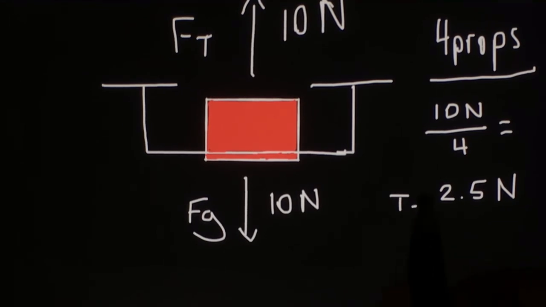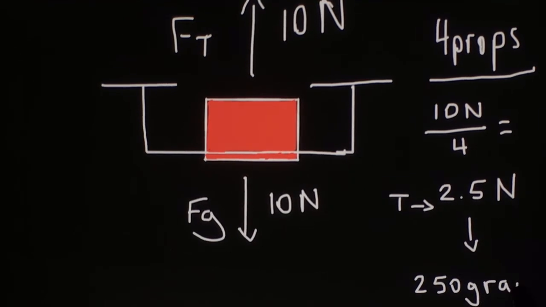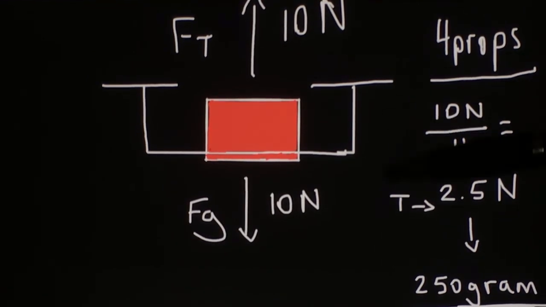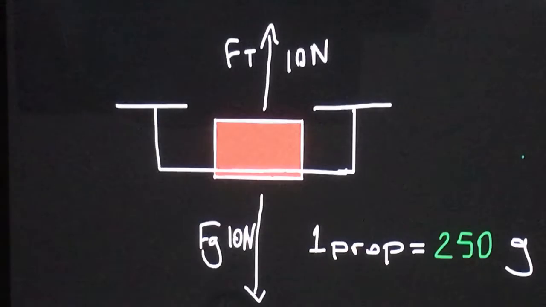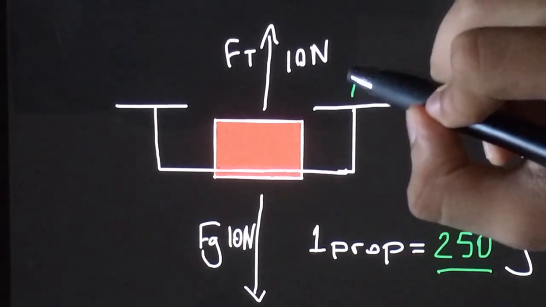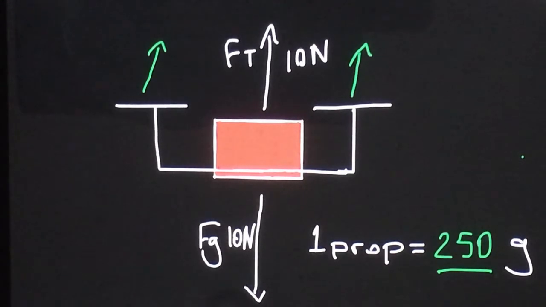So each propeller will be producing 250 grams of thrust. Every single propeller is going to produce 250 grams of thrust to allow for a stable hover without it being dropped due to gravity.